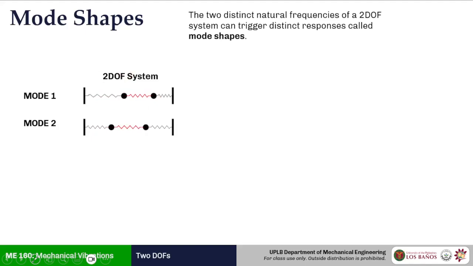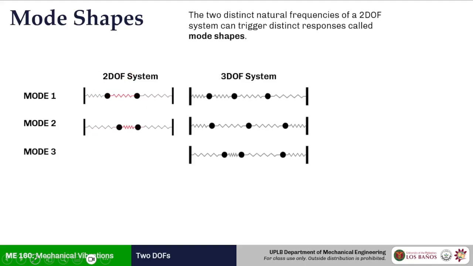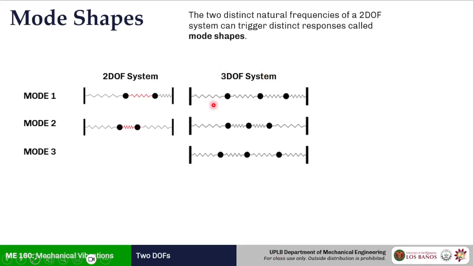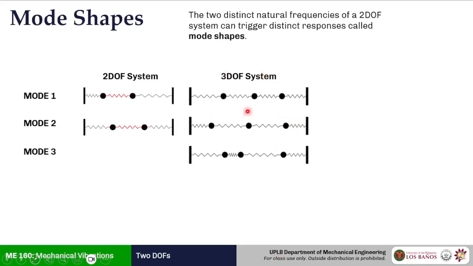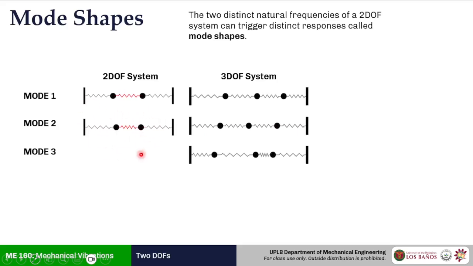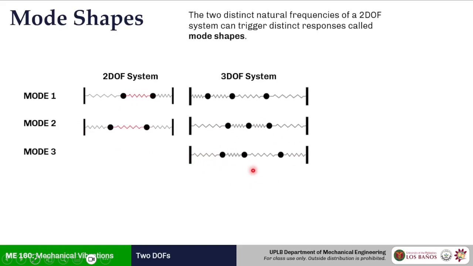If you extend that to the 3 degrees of freedom system, you get the same pattern. Mode 1 of a 3 DOF system imitates a single DOF system. Mode 2 of a 3 DOF system imitates the mode 2 of a 2 degrees of freedom system. And then mode 3 is something that neither the single nor the 2 degrees of freedom system can do.